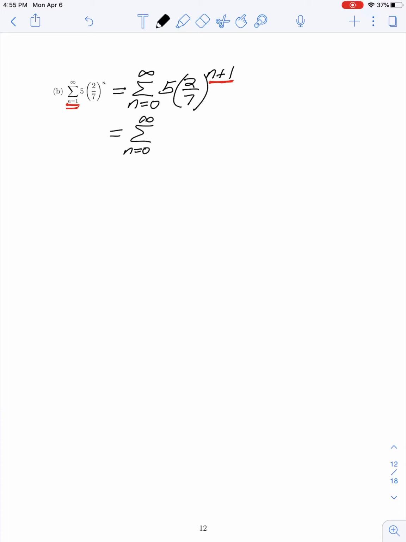Here, this 2/7 to the n plus 1 can be rewritten as 2/7 to the first power times 2/7 to the nth power.